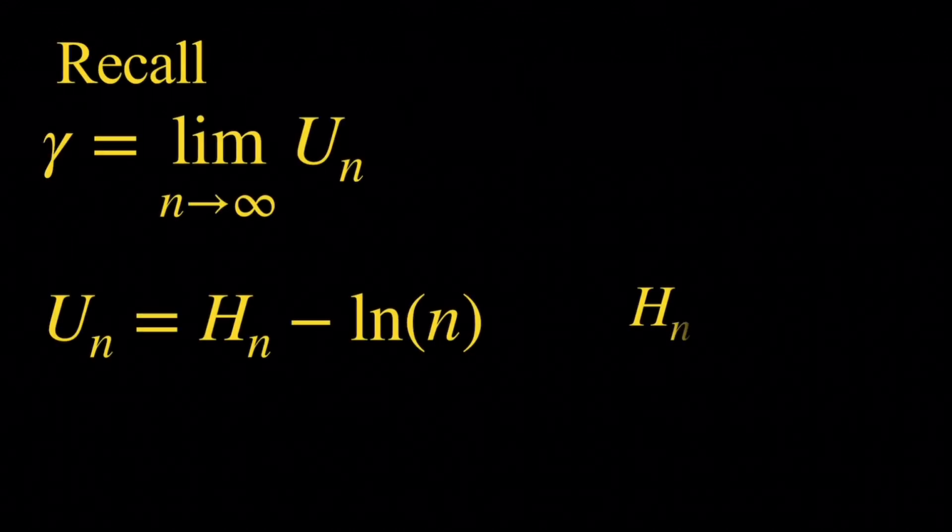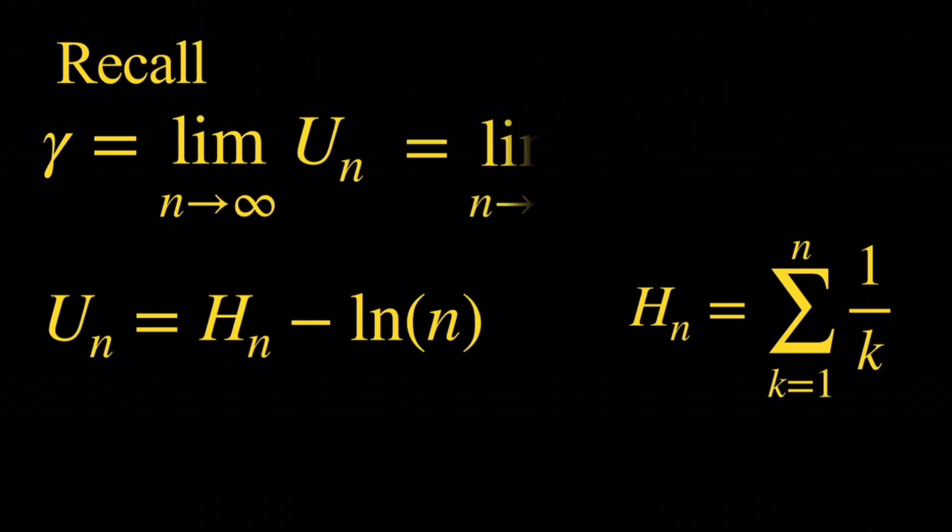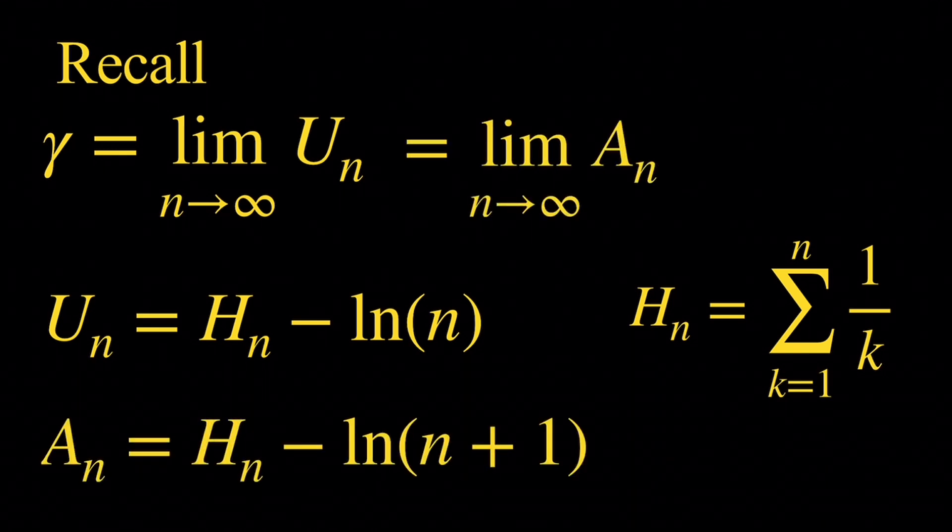Now let's recall that gamma, the Euler-Mascheroni constant, is defined as the limit of H_n minus natural log of n, where H_n is the nth harmonic number. It can also be defined as the limit of H_n minus natural log of n plus 1.